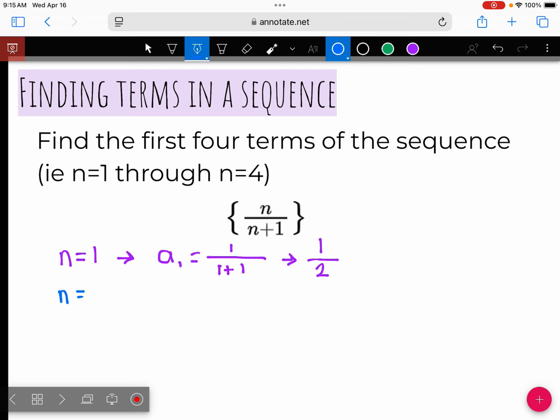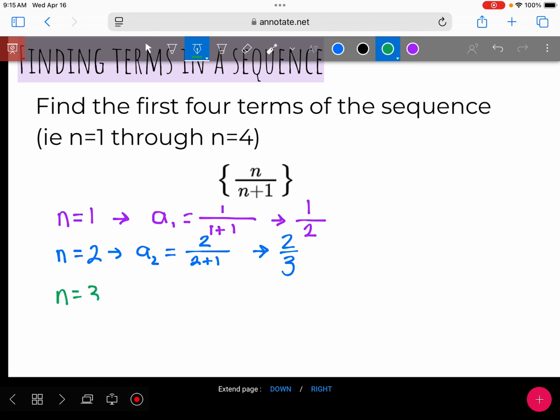If n equals 2, that's going to give us a sub 2. Our numerator, that's our n, so our n was 2. Our denominator is 2 plus 1. So that's going to be 2/3.